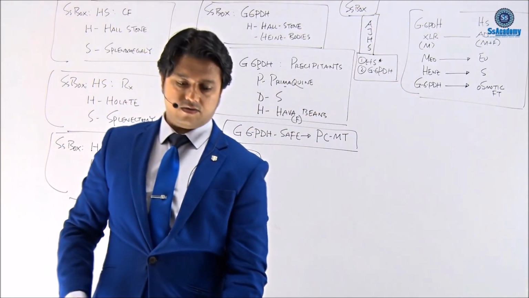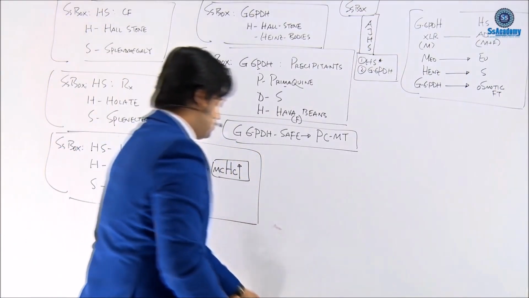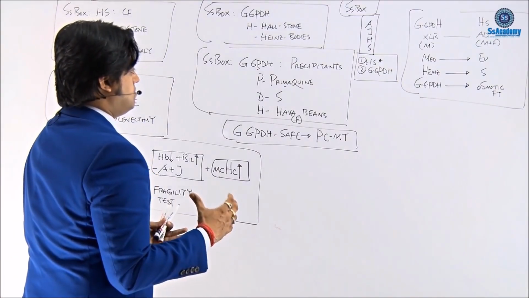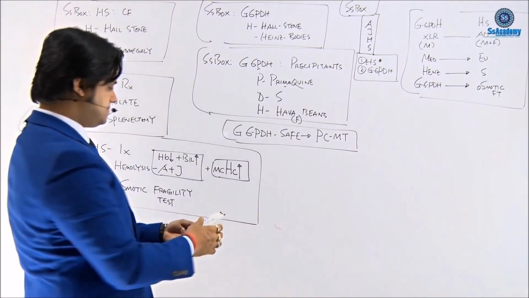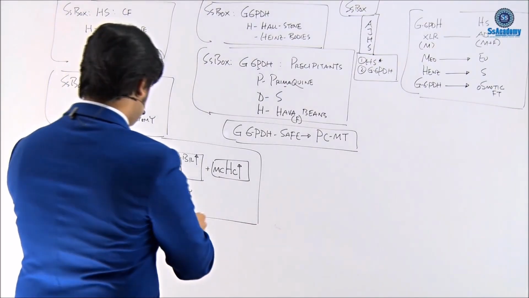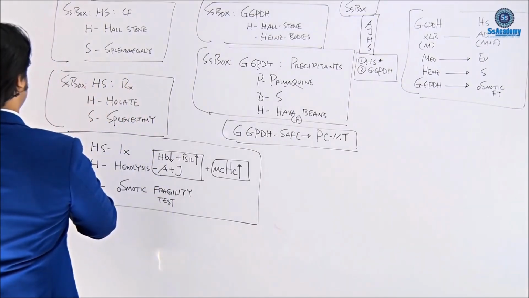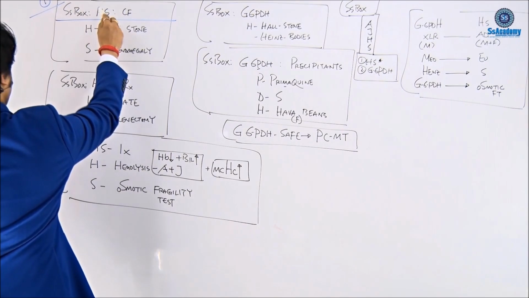I'd like to talk on these two hereditary hemolytic anemias. One is the membrane defect, another one is the enzyme defect. So mind you, listen very carefully. Starting with the first box, you see that hereditary spherocytosis is HS.